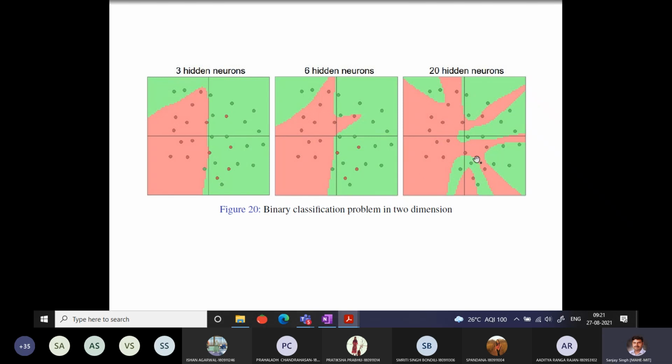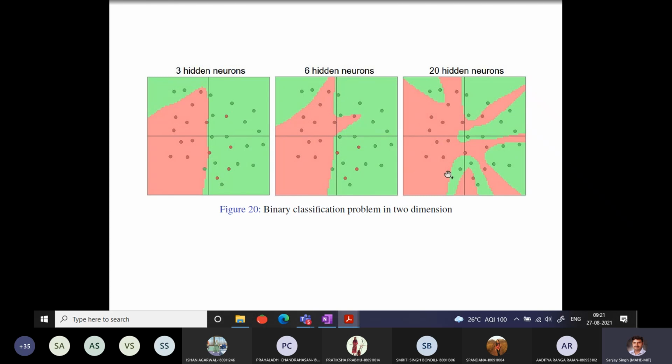Of course, we have something to compromise, but for the time being, just understand that as we increase the size, the capacity of the network to learn more and more variety of functions is increasing as well. Here, if you see, the structure of the boundary is different. Here you see the structure is different. Here it is completely different altogether.